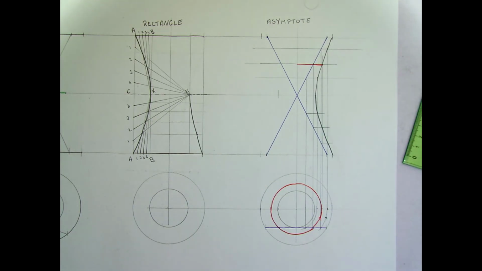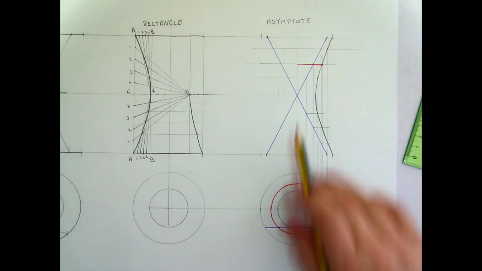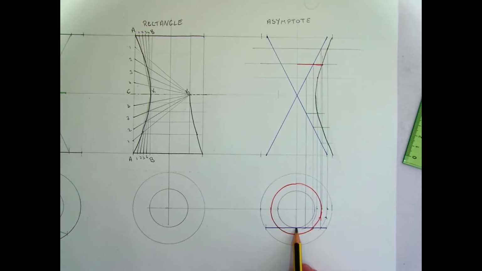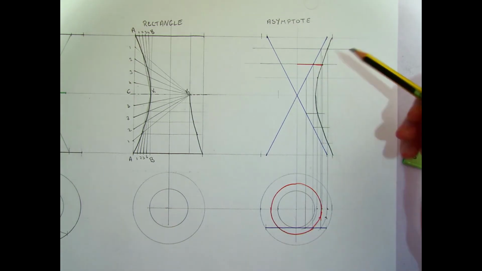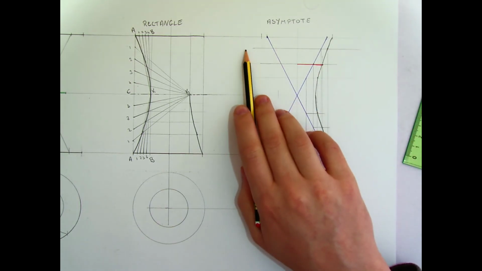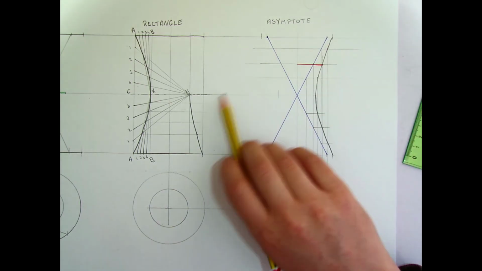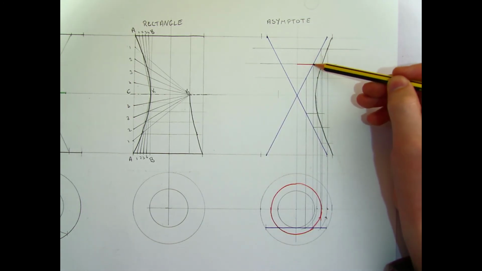So for the asymptote method, what we're taking is we're drawing our asymptotes, which is an element, but it's a true length element. So in elevation, I'll have true lengths. In plan, it's going to be tangential to the throat circle, but it'll also be horizontal. So it can be here or at the back. I take horizontal cuts through it, and that's going to give me circles, circular sections.